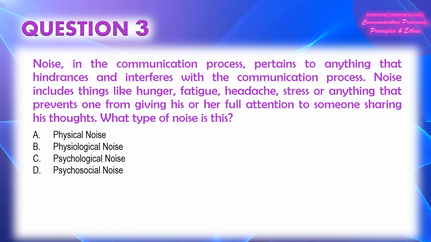Question 3. Noise in the communication process pertains to anything that hinders and interferes with the communication process. Noise includes things like hunger, fatigue, headache, stress, or anything that prevents one from giving his or her full attention to someone sharing his thoughts. What type of noise is this? Answer: B. Physiological noise.